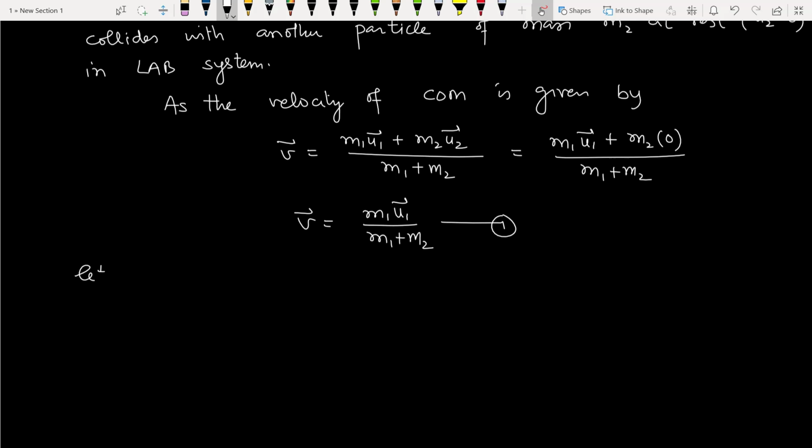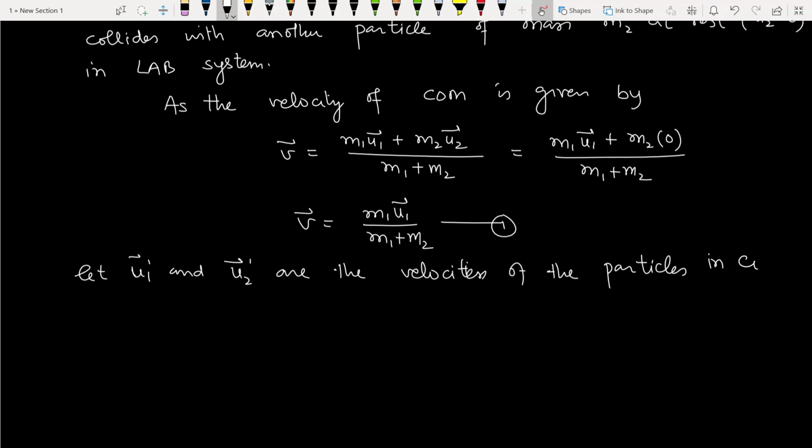So let u1 dash and u2 dash be the velocities of the particles in center of mass frame of reference before collision.